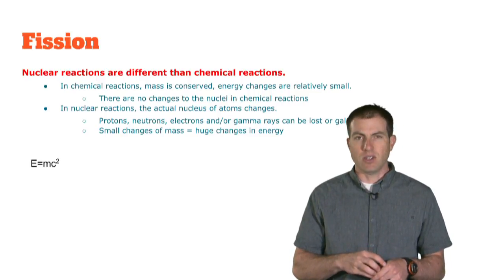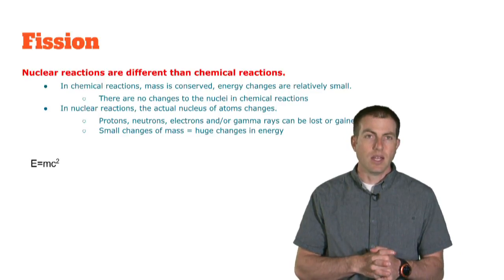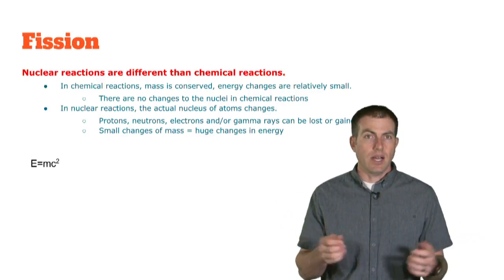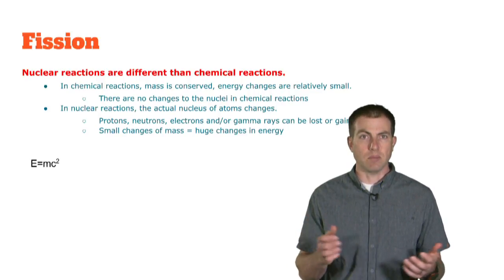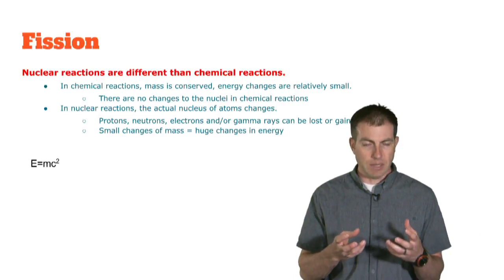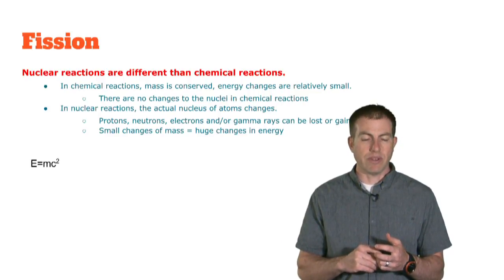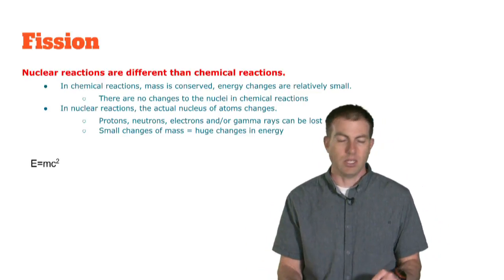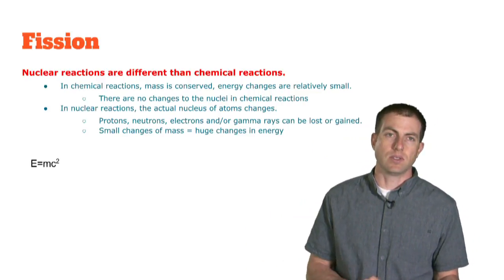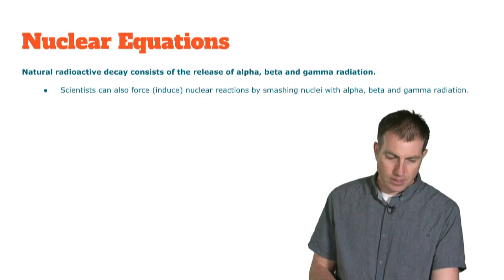When nuclear explosions happen, that's about 1 to 10 grams of actual matter being converted to energy. So the amount of energy stored in you and all of the particles in your being is a massive amount of energy, and that's why this equation was so crazy.